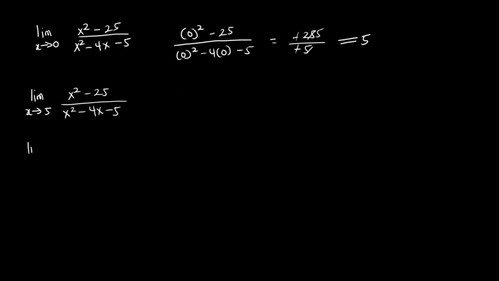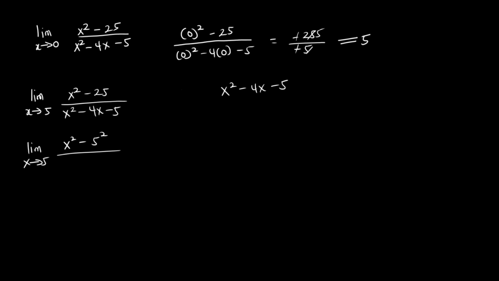We're going to have the limit as x approaches 5. For the numerator, you can see that you have a difference of 2 squares. I can write this as x squared minus 5 squared, which gives me the same thing, divided by the denominator, x squared minus 4x minus 5.